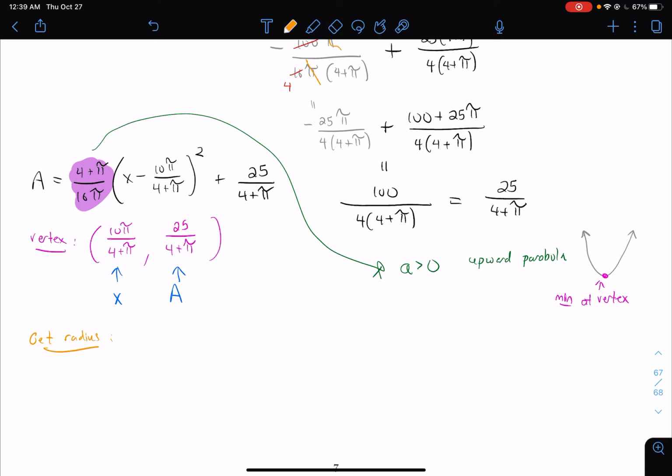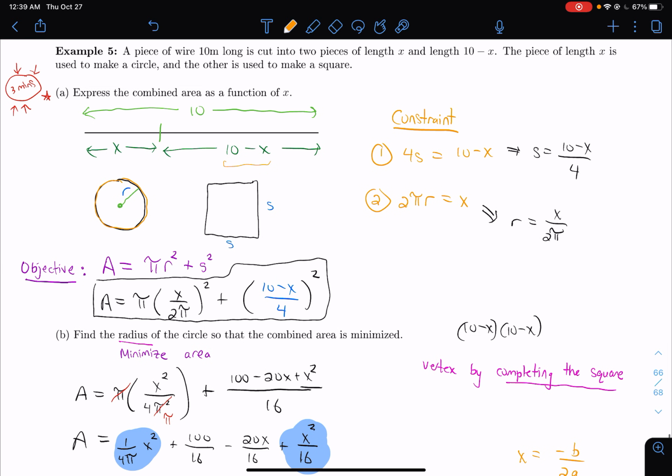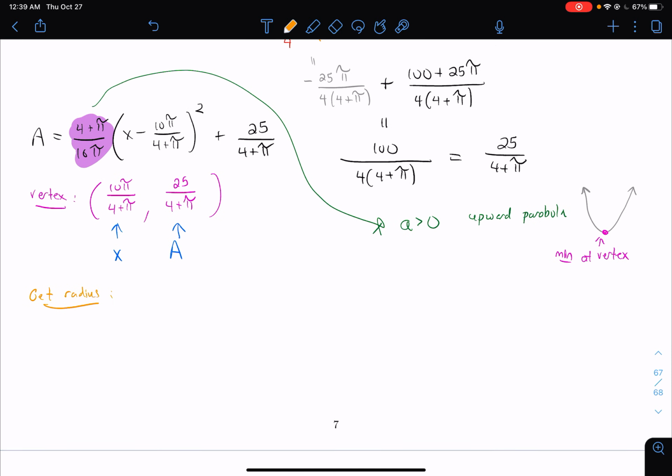Let's scroll it up. It was one of my constraints, and it was here. Radius equals x divided by 2 pi. So I can use that.